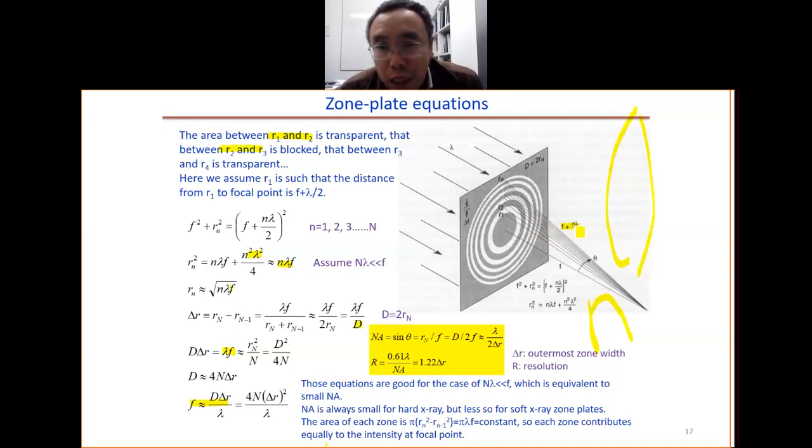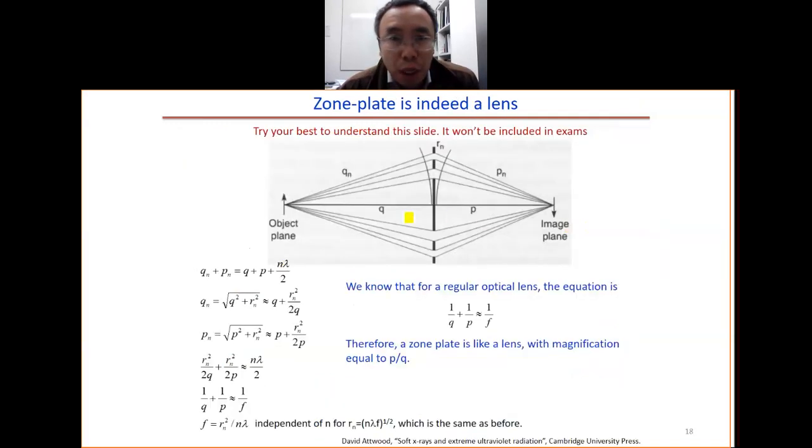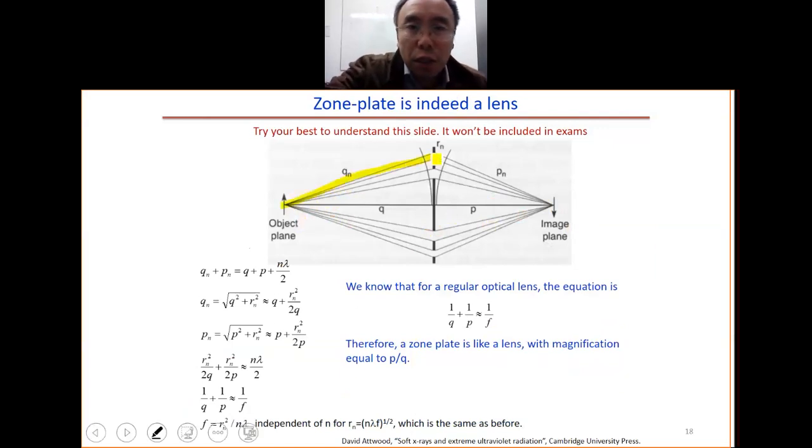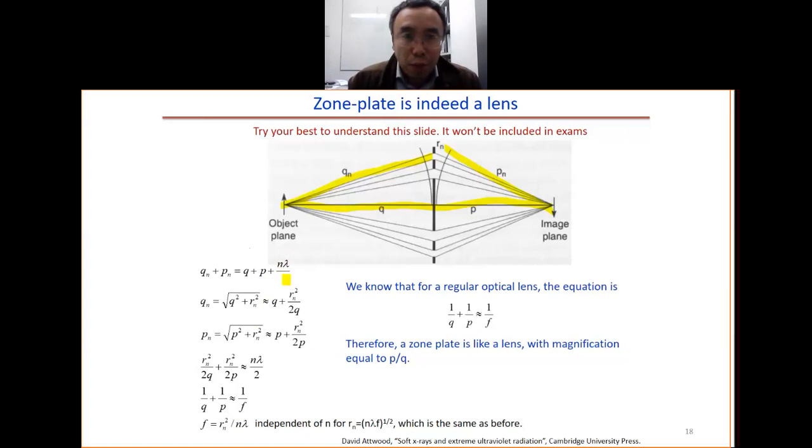The requirement for this to form the image here is similar: we want Qn plus Pn equal to Q plus P plus n lambda over 2. We want them to differ by n lambda over 2 for the design of this zone plate.